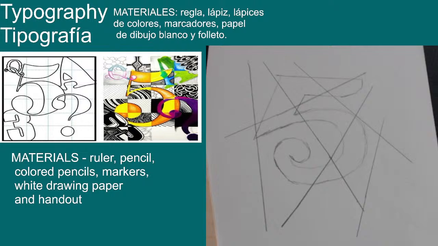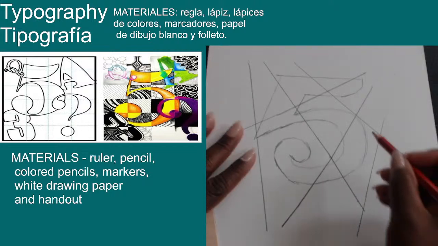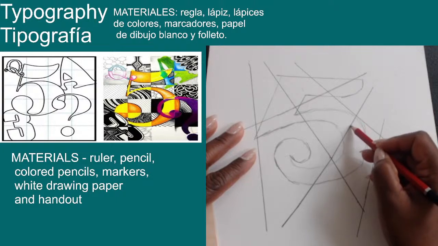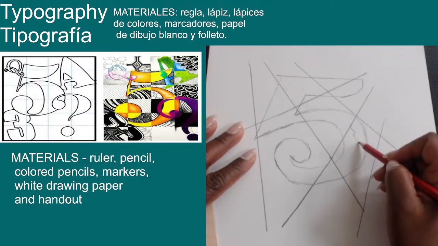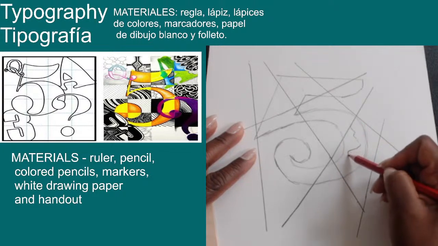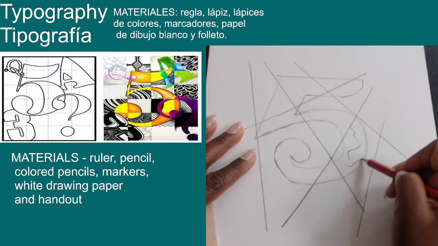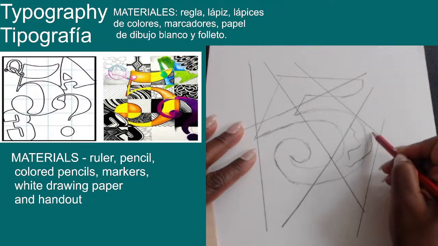So we can go to Google, we can look up heart, and we can literally draw a heart that is broken right here, overlapping our number 5.